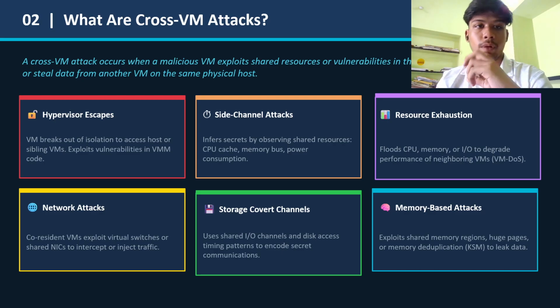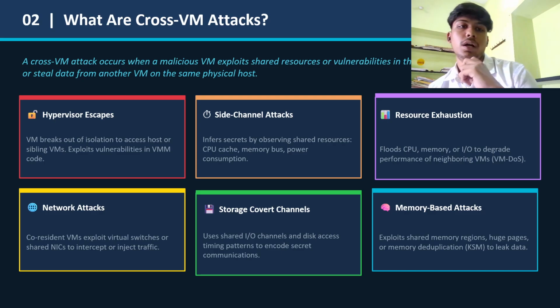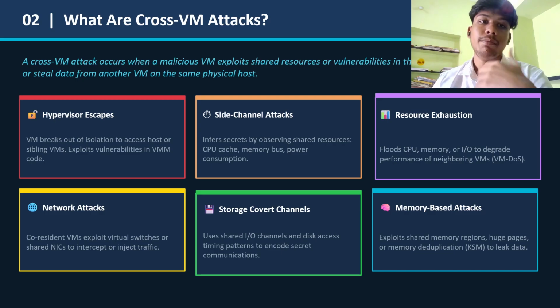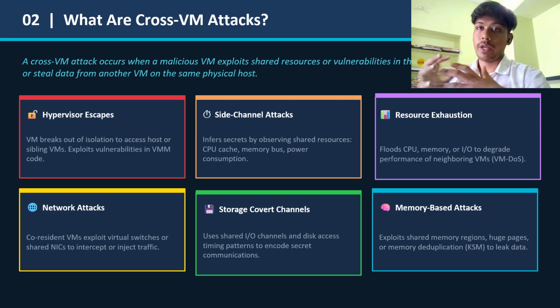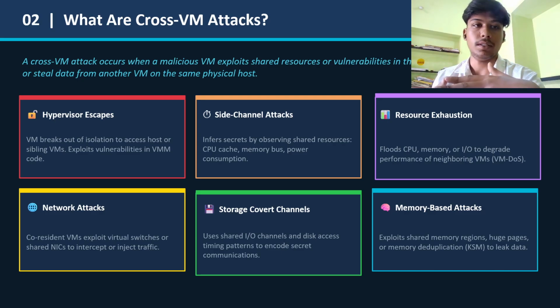The third one is the memory-based attack. This exploits shared memory regions. Some hypervisors use a feature called memory deduplication, not duplication, deduplication. If two VMs have identical memory pages, they share one physical copy to save space.